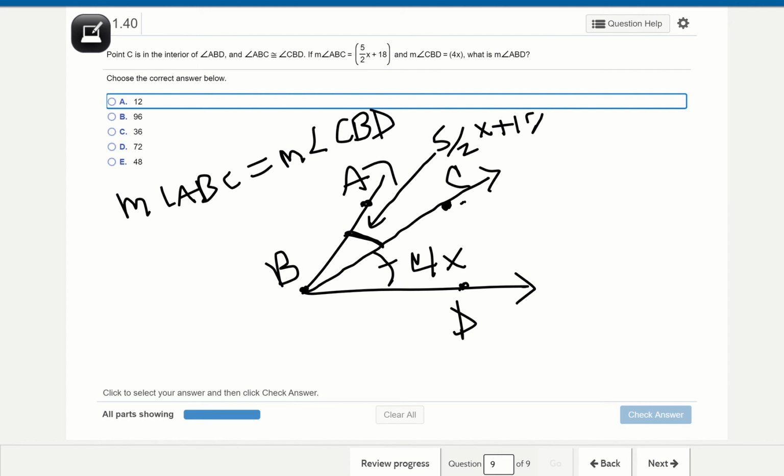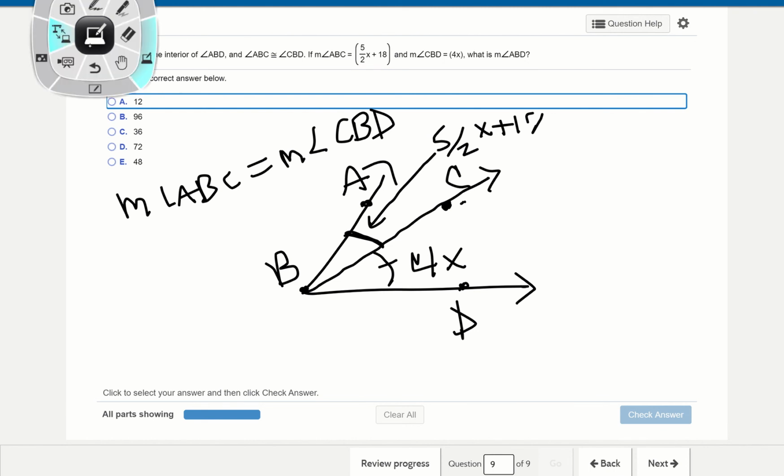And so they're asking, what is the measure of ABD, which is the entire thing? Okay. So we know that because these two angles are the same, we can set them equal to each other, right? So we know that ABC is that 5 halves x plus 18, and then we know that CBD is 4x. So we can set them equal to each other.